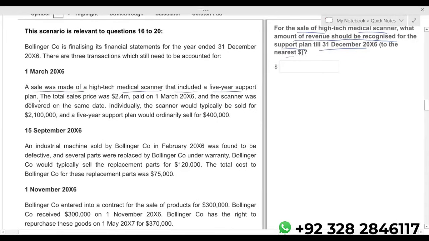So logically, the revenue which relates to the support plan should be recognized over 5 years, because the support will be provided for 5 years. Total sale price is 2.4 million, paid on 1st March X6, and the scanner was delivered on the same day. Individually, the scanner would have typically sold for 2.1 million, and the 5-year support plan ordinarily sells for 4 lakh.